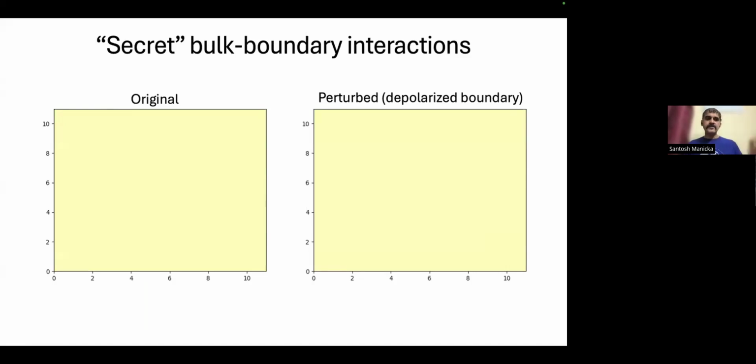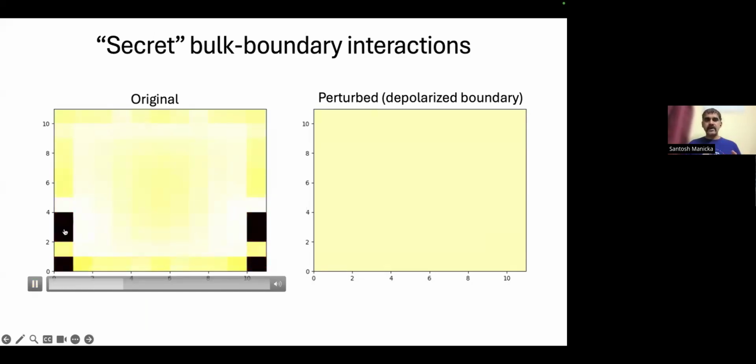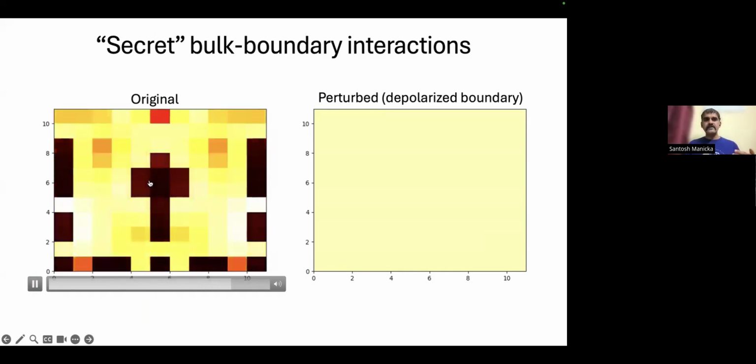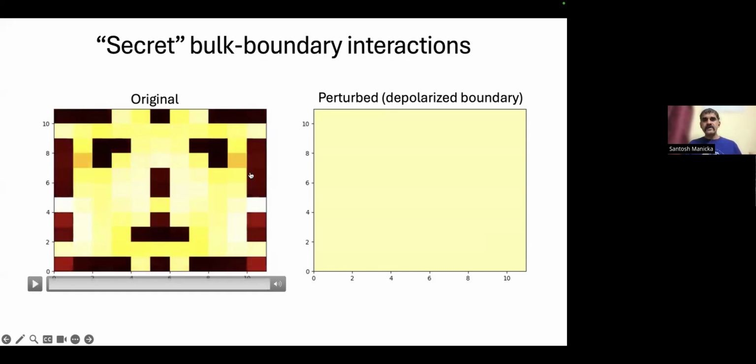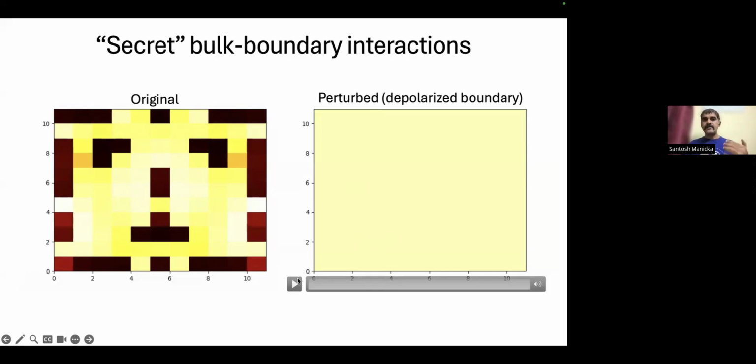But as I mentioned before, the model seemed to follow some sort of bulk-boundary exchanges in a stigmergic fashion. So I've just run this patterning again. You see these boundary cells activating, and then you see the cells in the bulk, and then you see some sort of exchange. So you might suspect that there are some bulk-boundary interactions. To confirm that, what I did was I turned off the cells in the boundary, meaning I just depolarized all of them, and I saw what would happen.